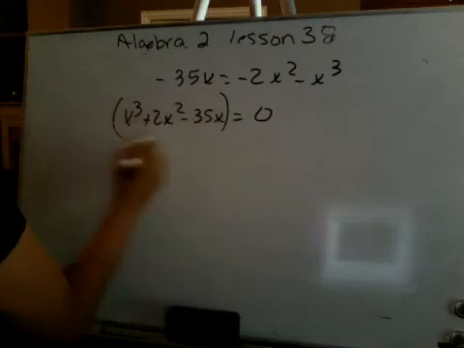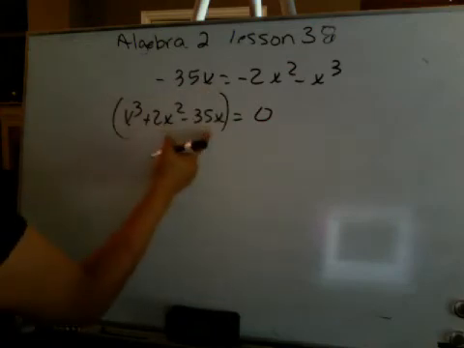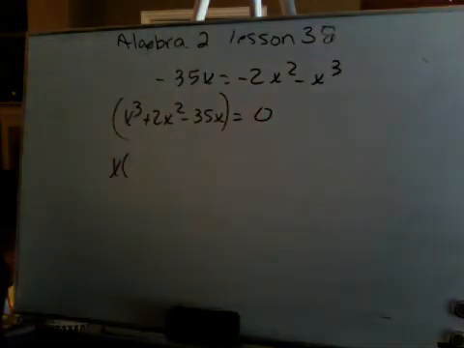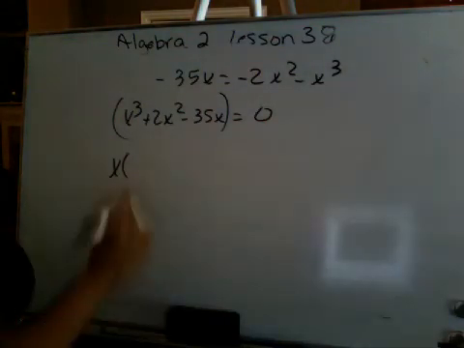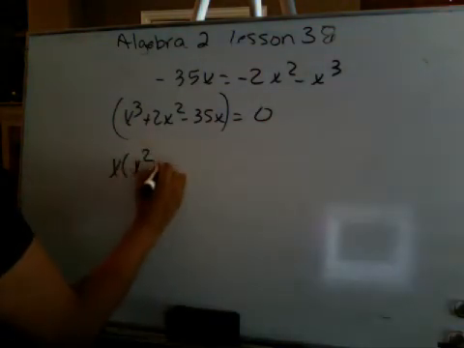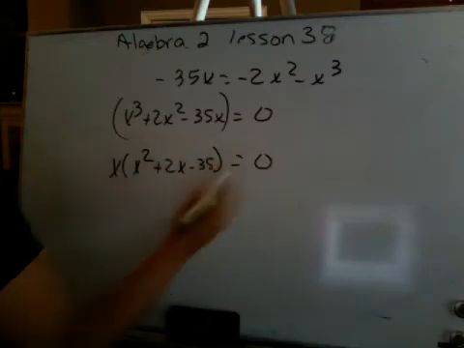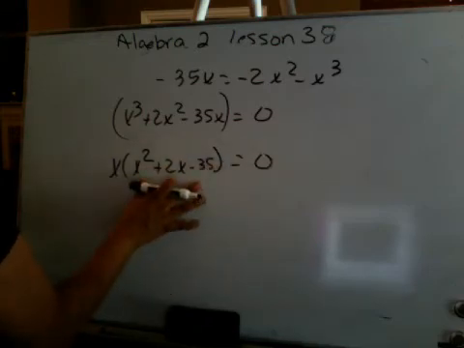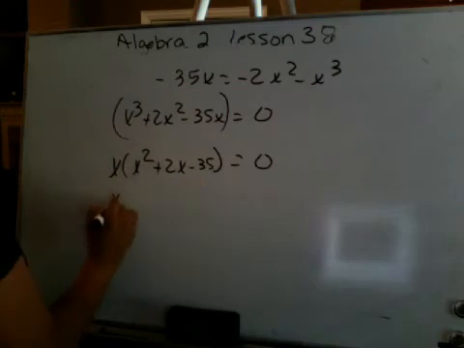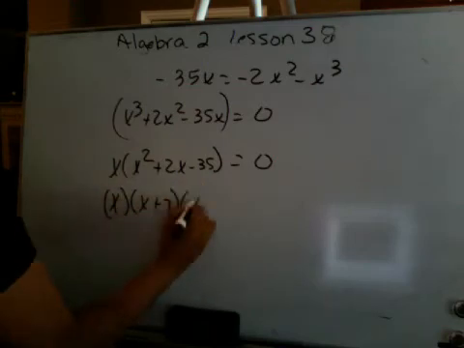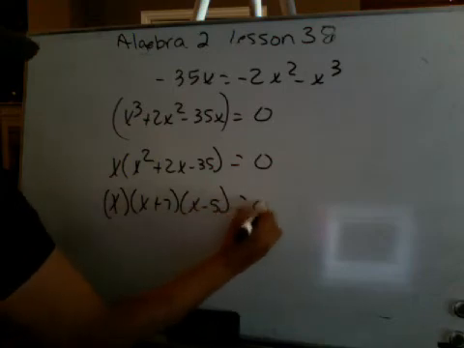Remember, we have to get the greatest common factor first. And I'm left with x squared plus 2x minus 35 equals 0. Now I can factor this to be x times x plus 7 times x minus 5 equals 0.